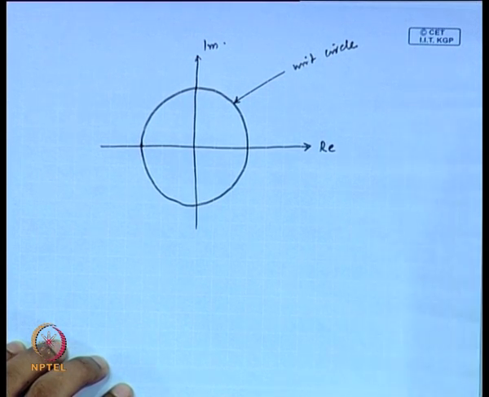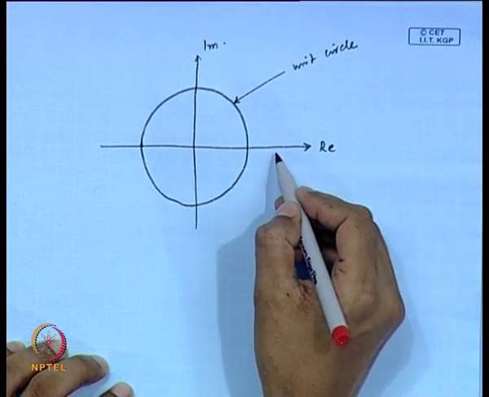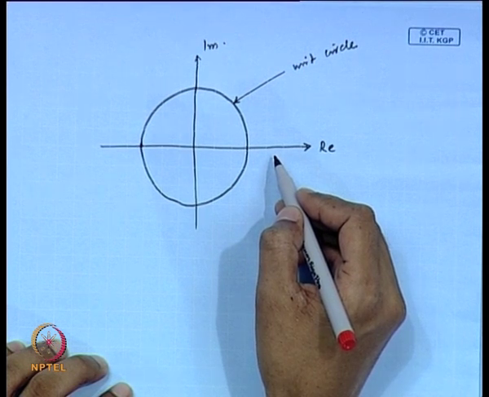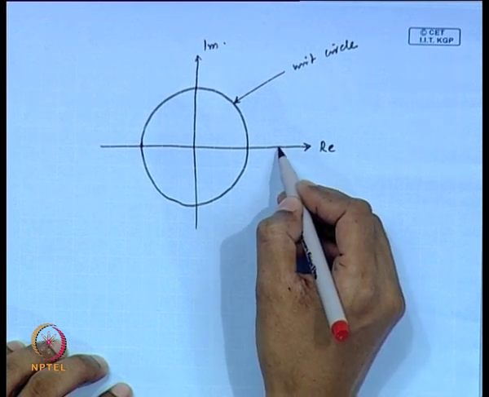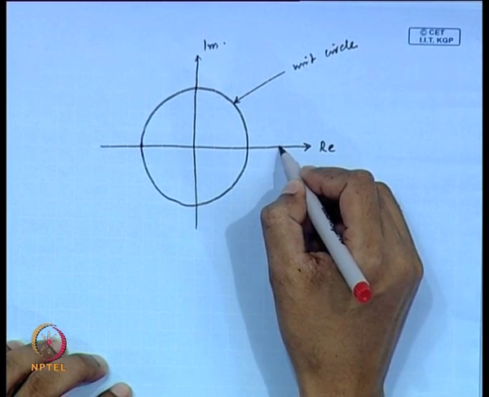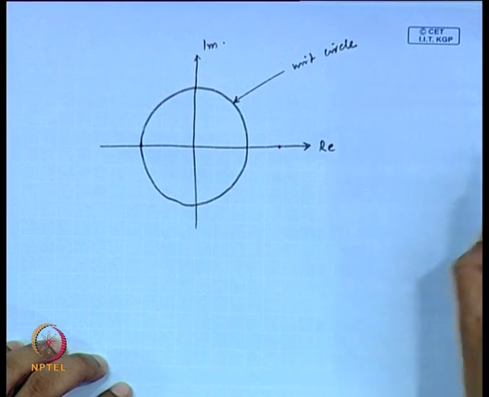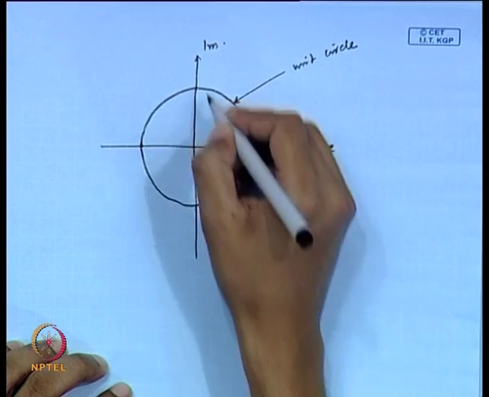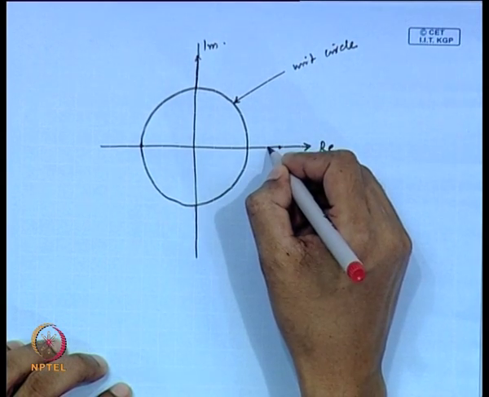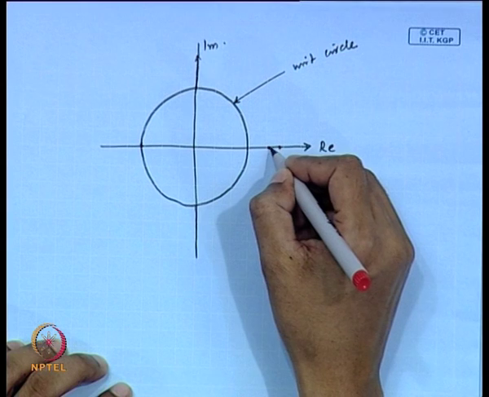If we consider Kc equal to 2, then this 0.8 multiplied by 2 becomes 1.6. So it will be like this. The polar plot will be, suppose this is indicating 1.6.